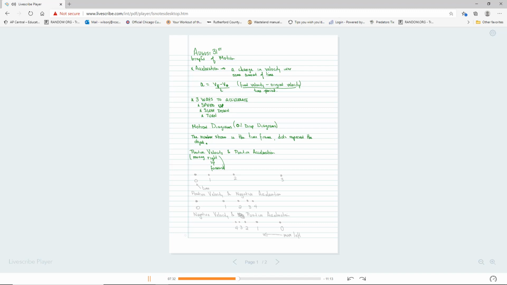So what would it mean to have a positive velocity? It means you're moving to the right. And positive acceleration is acceleration to the right. This diagram is like strobe lights.